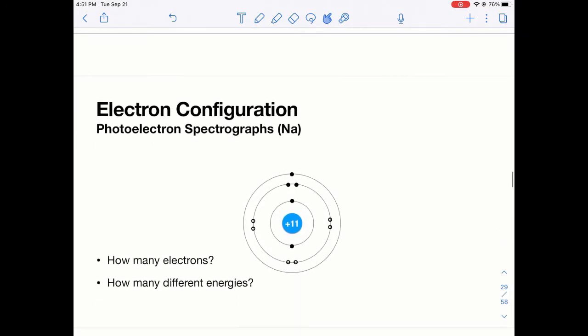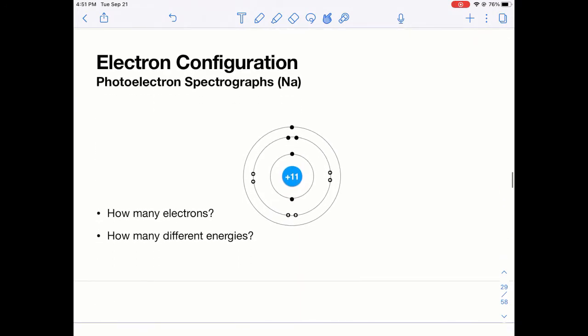Now, for sodium, we're going to just continue this pattern. We see that we've got an extra electron now in a third energy level. So up to this point, with our neon previously, we had 3 peaks, one representing the 1s, one representing the 2s, and one representing the 2p.